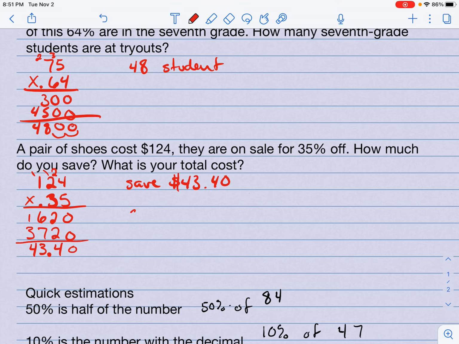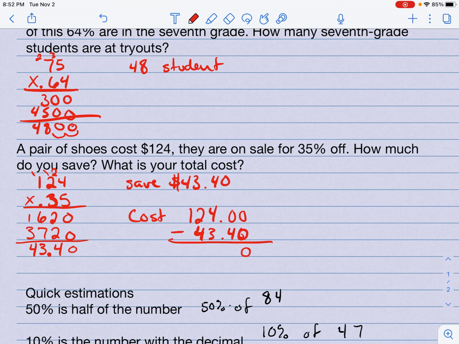Okay, so the cost, what we're going to spend, is going to be $124 minus that $43.40. So we just subtract these numbers, and that'll give us what we pay.